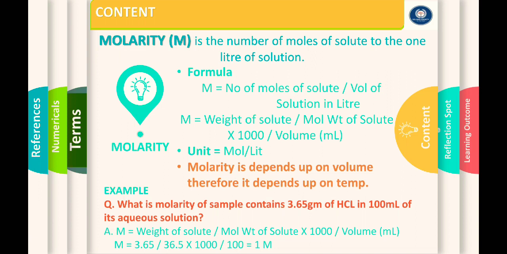After putting in the values given in this question, we get the final equation: M equals the weight of solute, which is 3.65, divided by the molecular weight of solute, that is HCl, whose molecular weight is 36.5, multiplied by 1000 divided by the volume in ml. The given volume is 100 ml. After calculating this equation, we get the answer of 1 molar.